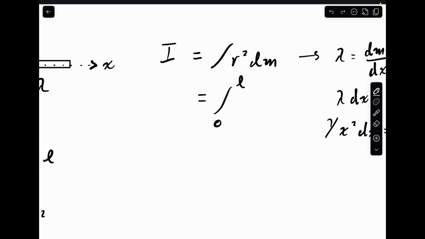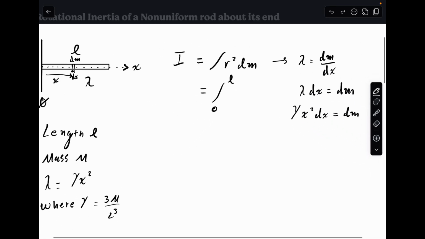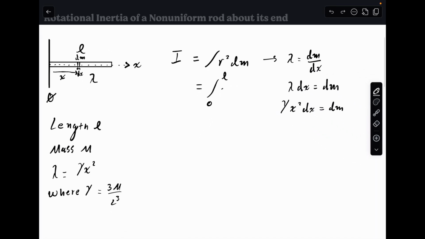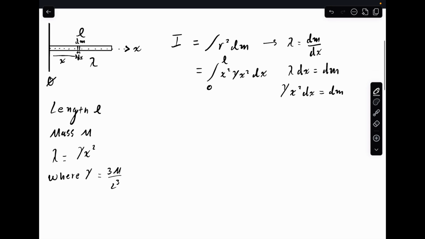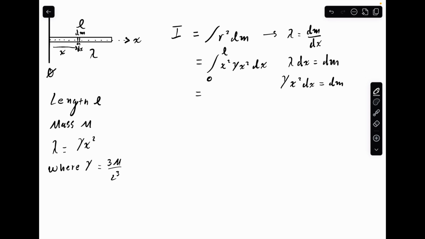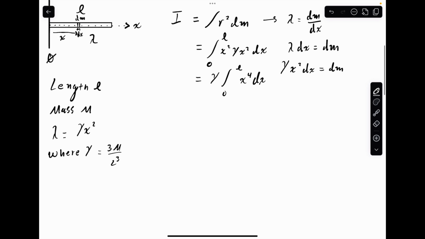But r is the distance away from the center, which now turns into x squared. And dm is gamma x squared times dx, so I'll sub that in. Now I can take the constant, gamma, out of the integral, and this becomes x to the fourth dx.